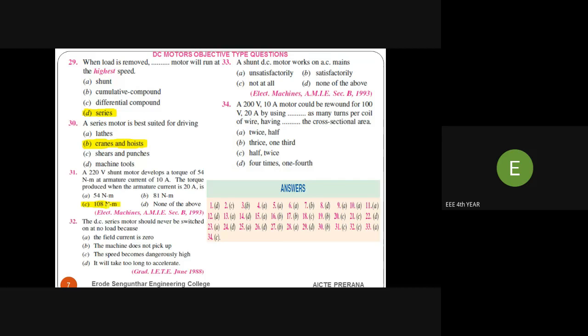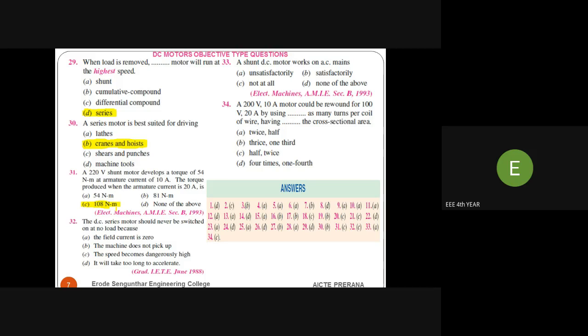The formula: torque is directly proportional to flux phi into Ia, Ta equal to 1 by 2 pi phi Ia into P by A. So 108 Newton meter is the correct answer, because torque is directly proportional to phi into Ia. If we increase the armature current Ia from 10 ampere to 20 ampere, the torque also doubles, so 108 Newton meter.